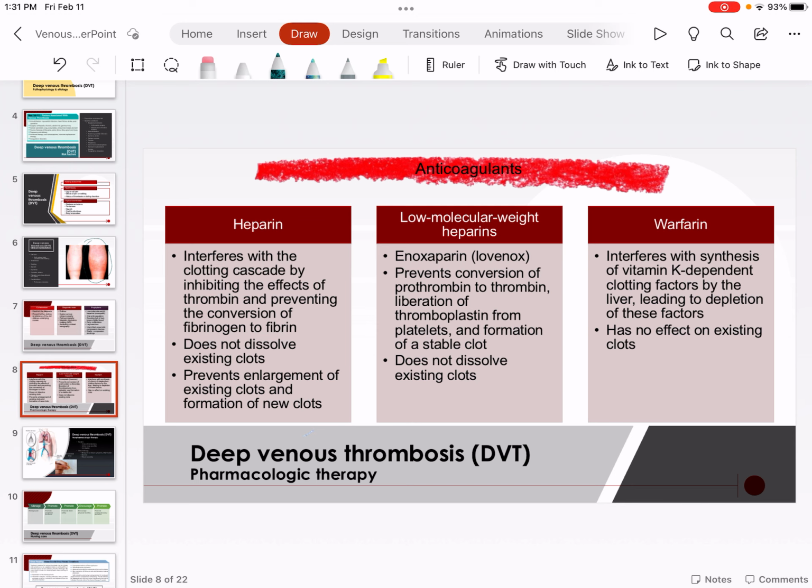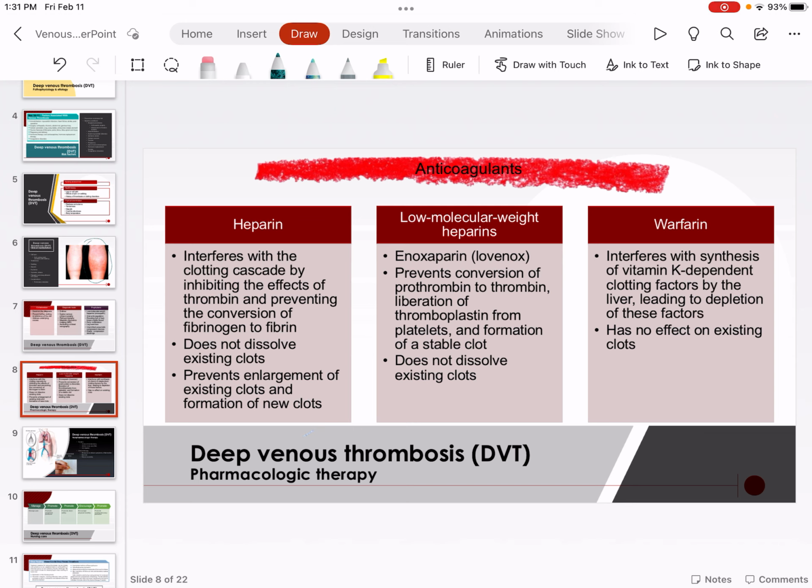A normal APTT is 25 to 35 seconds, and therapeutic APTT ranges for someone on a heparin drip would be 2 times that, so 50 to 70 seconds is what you'd want to see. So that's what that looks like. This heparin drip is a continuous IV infusion.